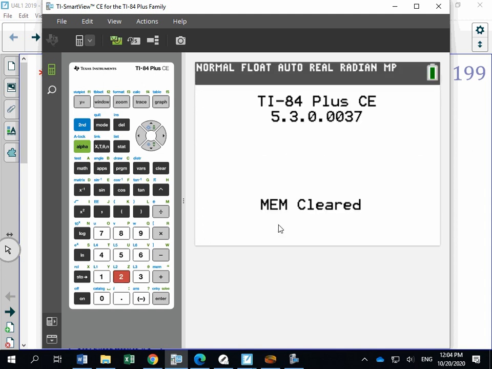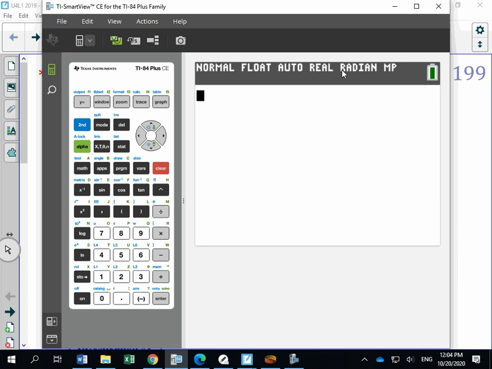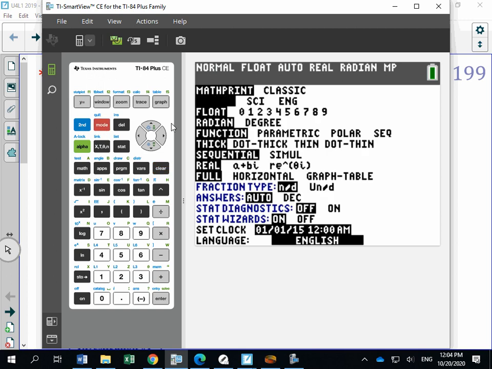This puts your calculator into factory settings, which are radian mode. How you can tell you're in radian mode is if you hit mode, it's going to say radian.